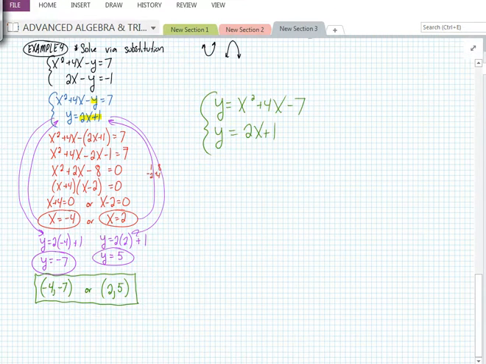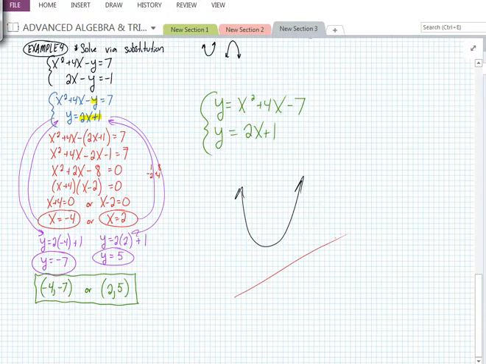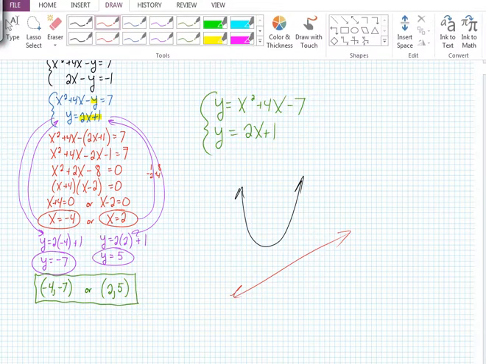Now one last look at some of these concepts. I want you to generally realize, hey, we've got a parabola. There are several different scenarios that we could have. Is it possible to have no solution? Absolutely. If I had a line that did not intersect that parabola, then there would be no solution to the system of equations.